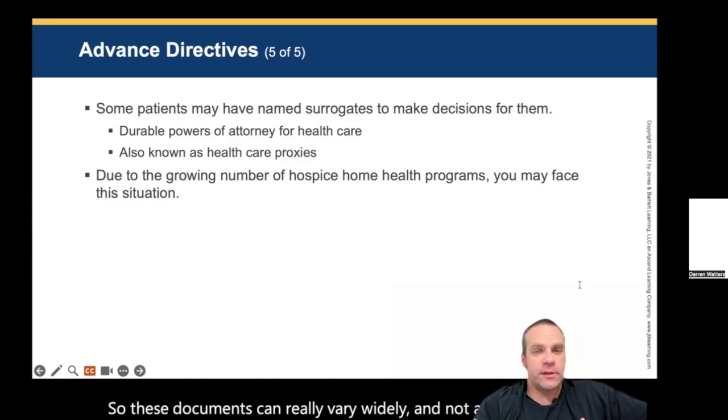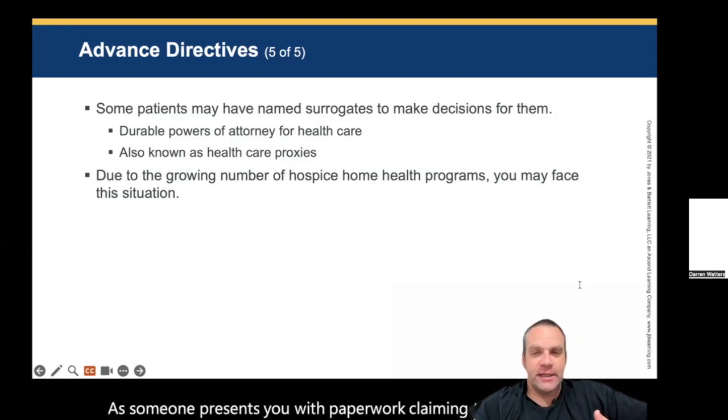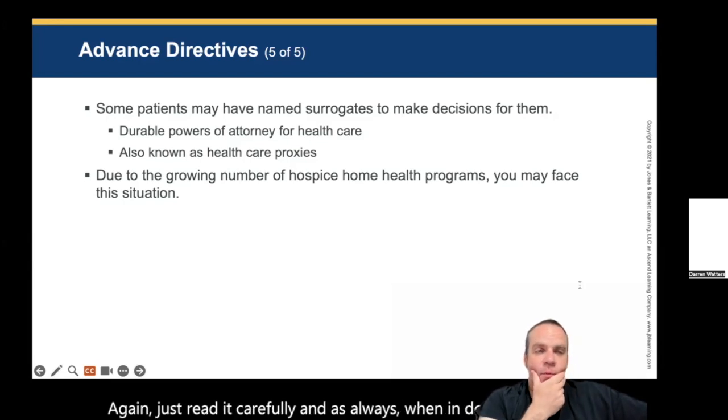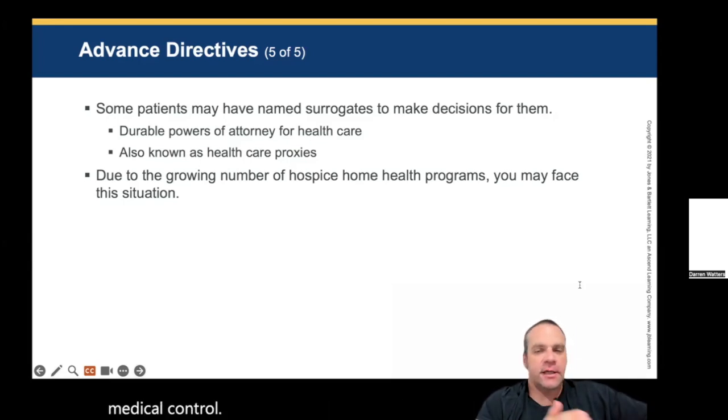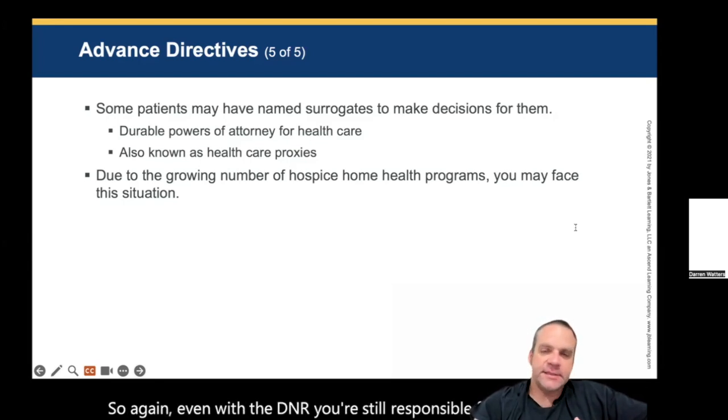If someone presents you with paperwork claiming to be a proxy, read it carefully. And as always, when in doubt, just call medical control. Also, remember, none of these documents mean do not treat. Even with the DNR, you're still responsible for comfort care, oxygen, airway maintenance, pain management, and emotional support.